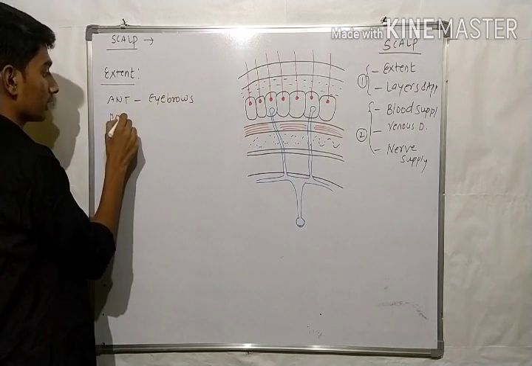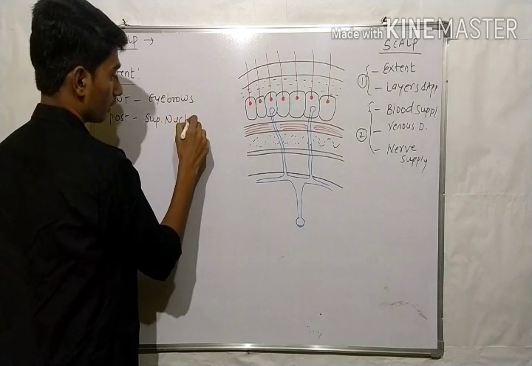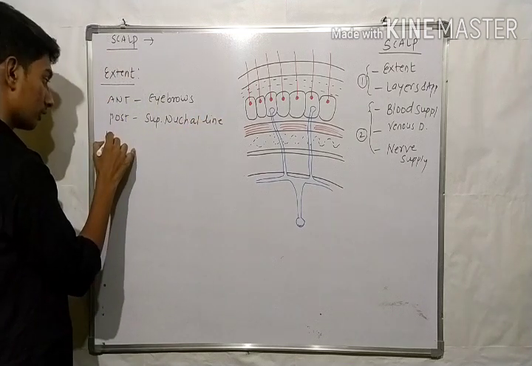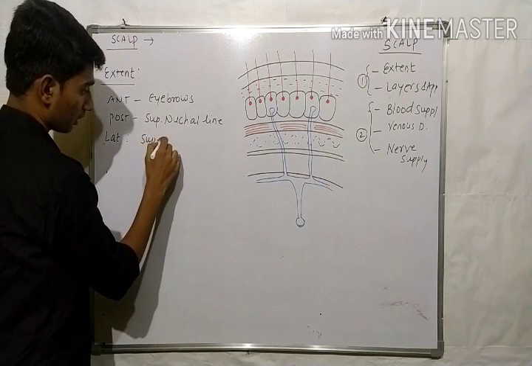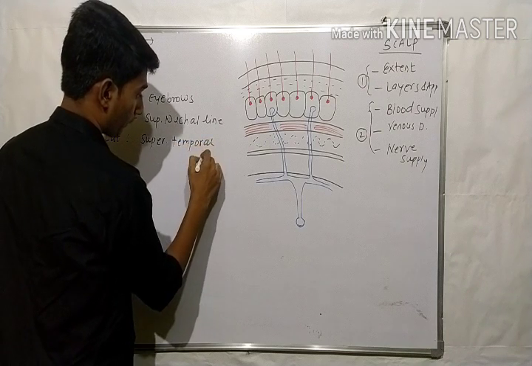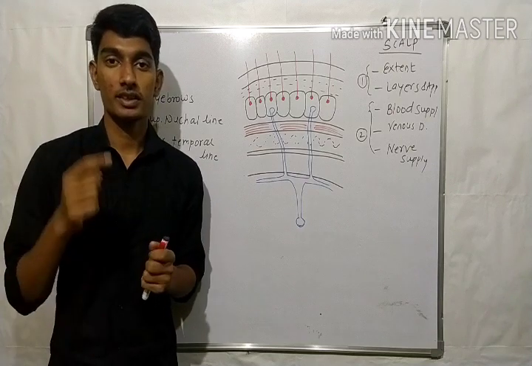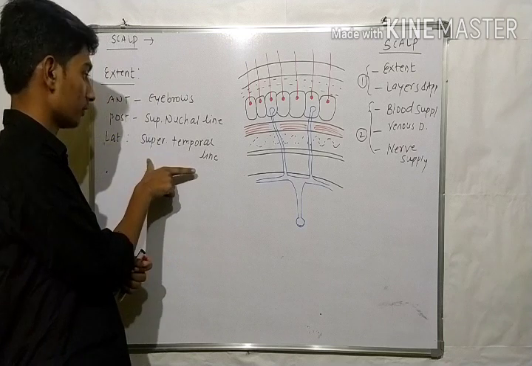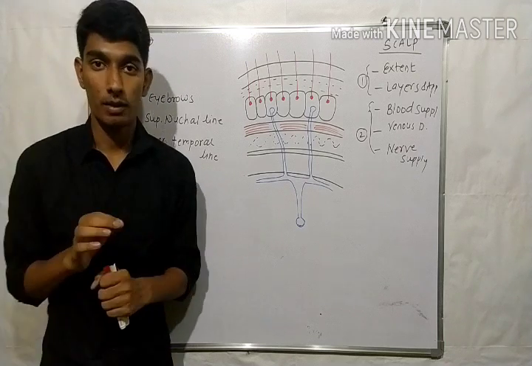Posteriorly the scalp extends up to the superior nuchal line, and laterally the scalp extends up to the superficial temporal lines. So anteriorly eyebrows, posteriorly superior nuchal line, and laterally superficial temporal line. This is about the extent of scalp.